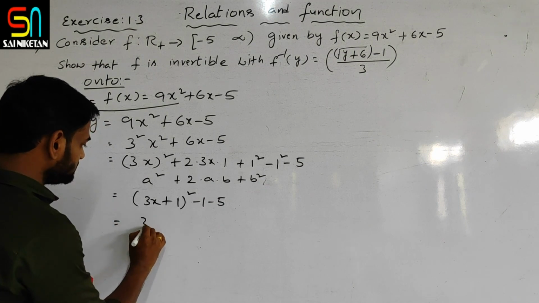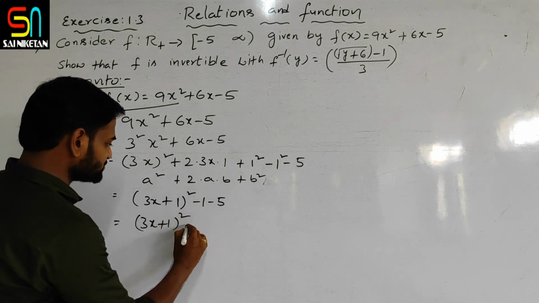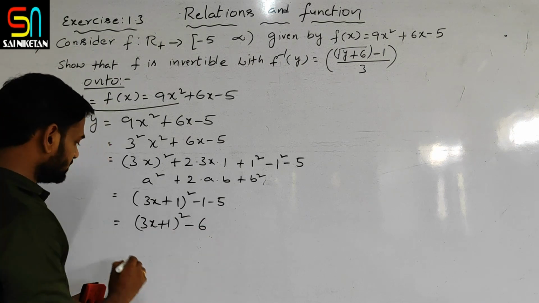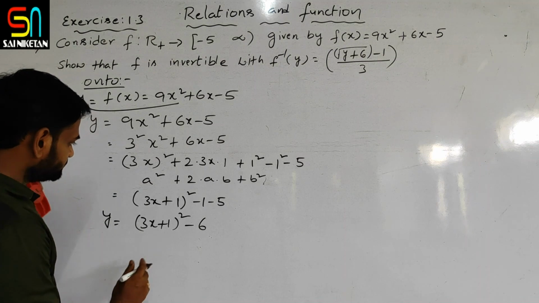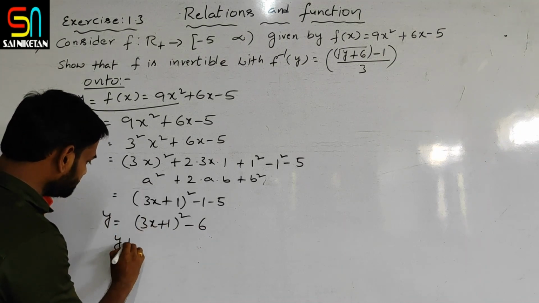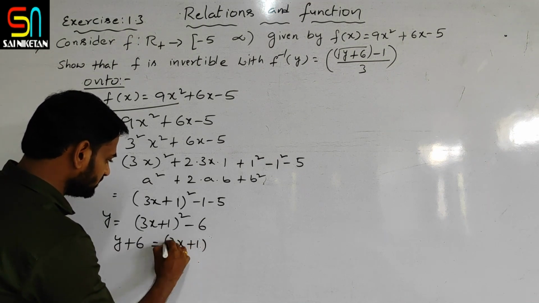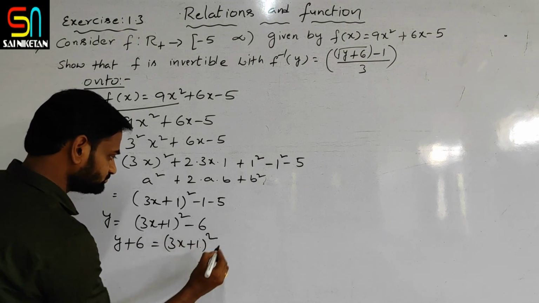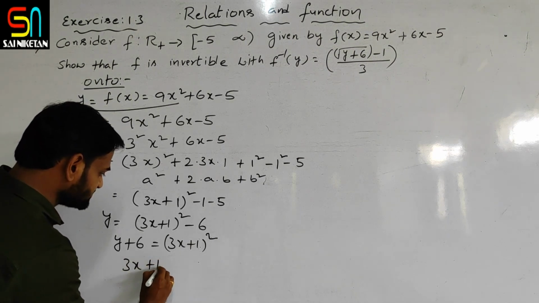That is (3x plus 1) whole square minus 6, which is equal to y. Now send 6 to this side. So it will be y plus 6 equal to (3x plus 1) whole square.